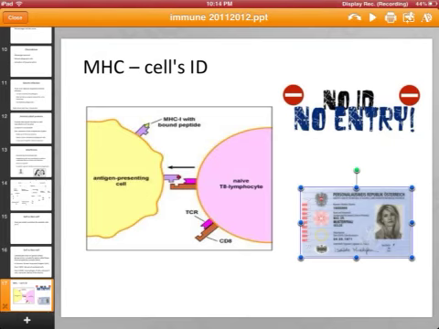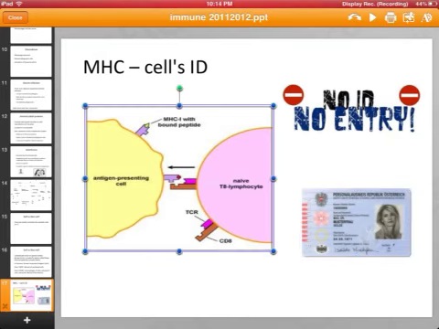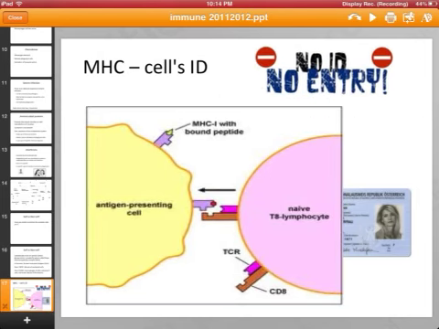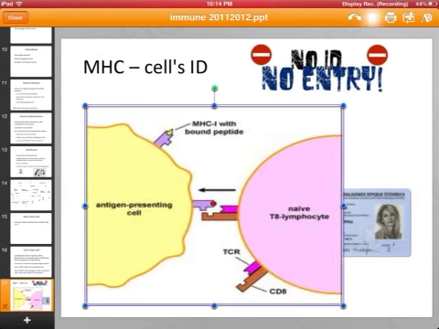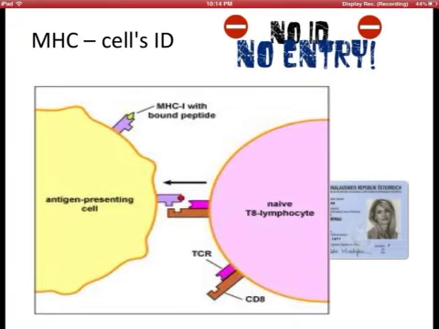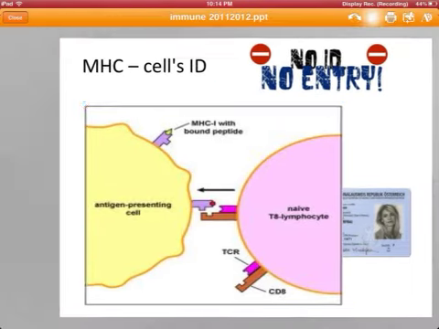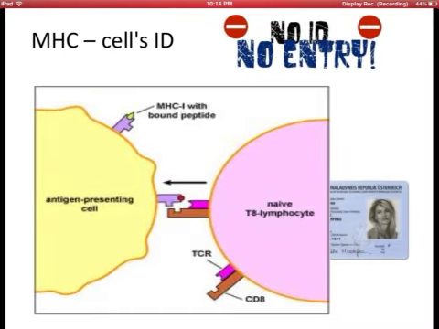So, paano ba ito nagwo-work? Okay, so lakihan lang natin to. Remove lang natin si no ID, no entry here. Ayan. So, let's say you have this lymphocyte and then there's an antigen presenting cell. Let's say this is a macrophage. This macrophage has eaten a pathogen.